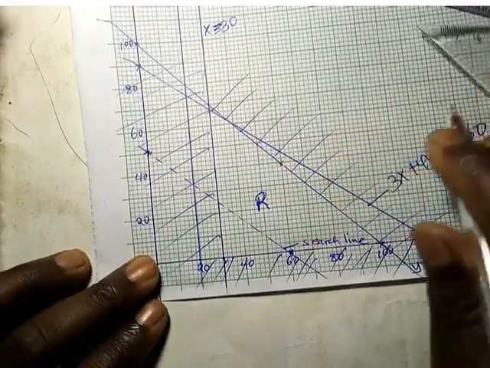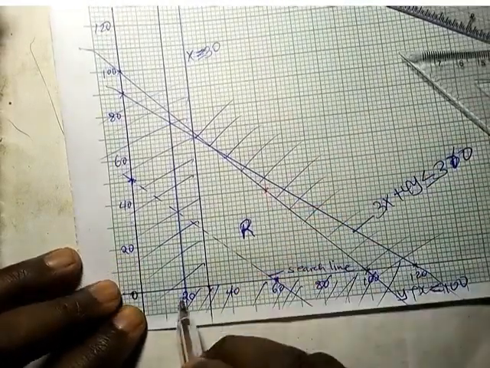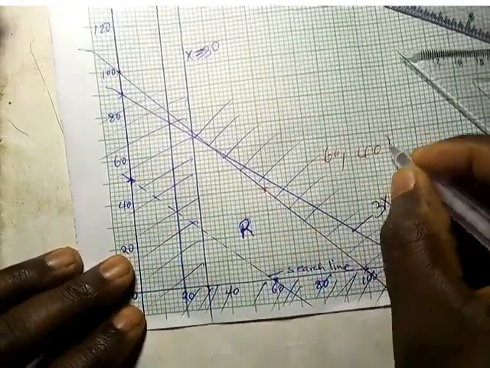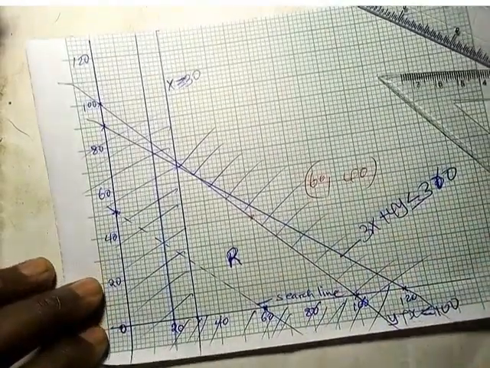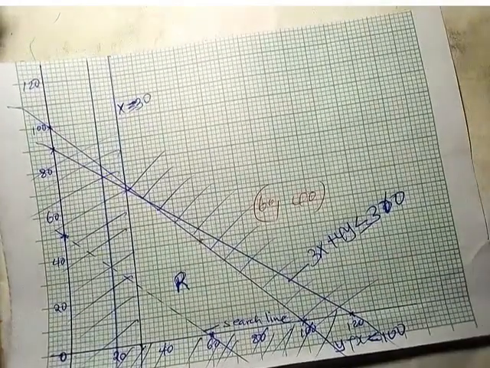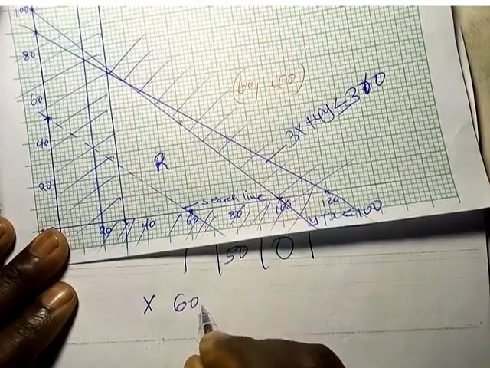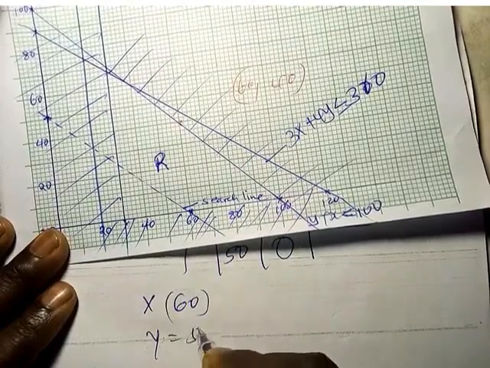And that point is 60, 40. So x is going to be 60, y is 40.